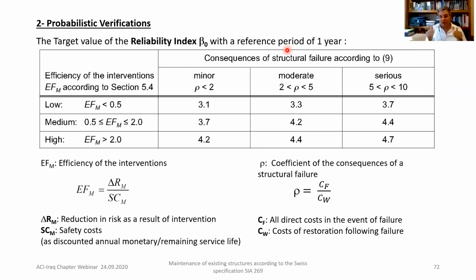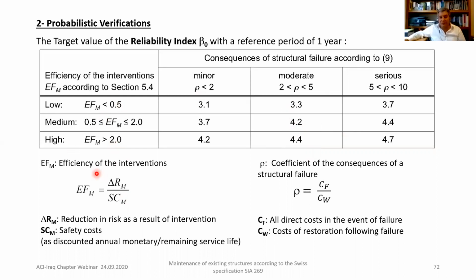The reliability is the contrary of the risk. So this table gives you the values of the reliability that you can use in the equations for your probability verification. The usual value is 4.2, but it depends on your structure.